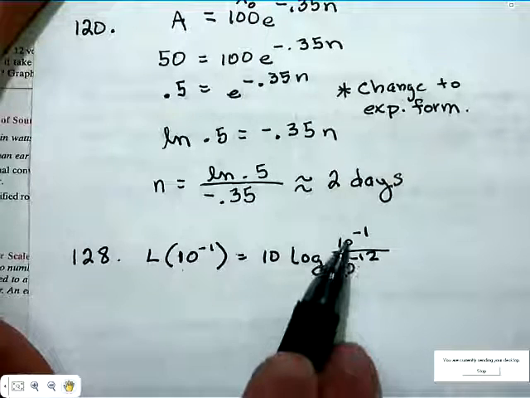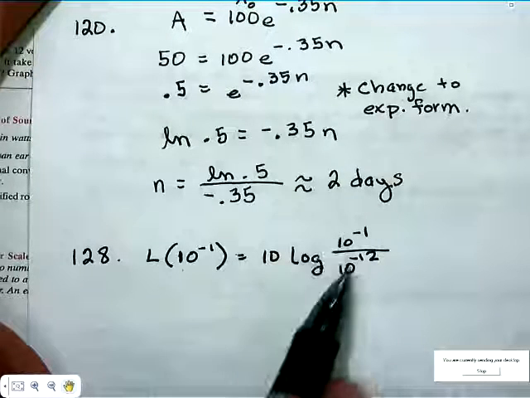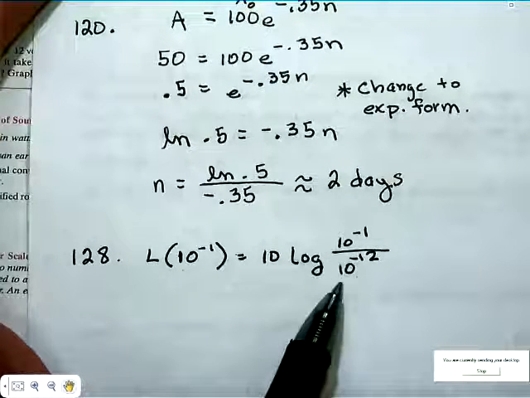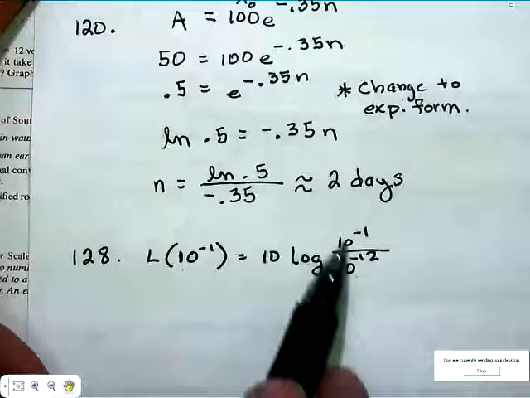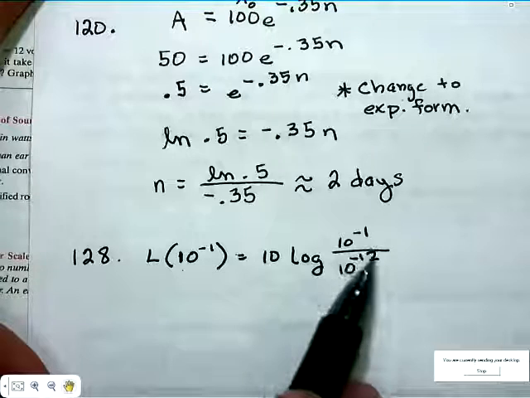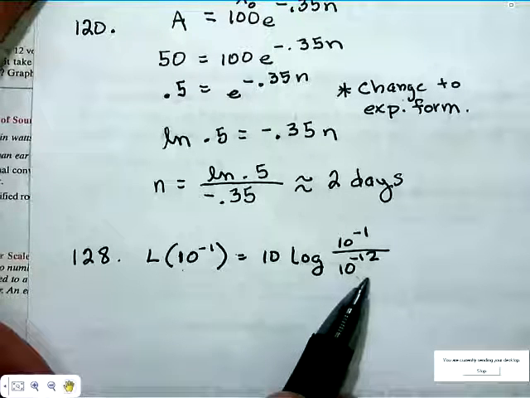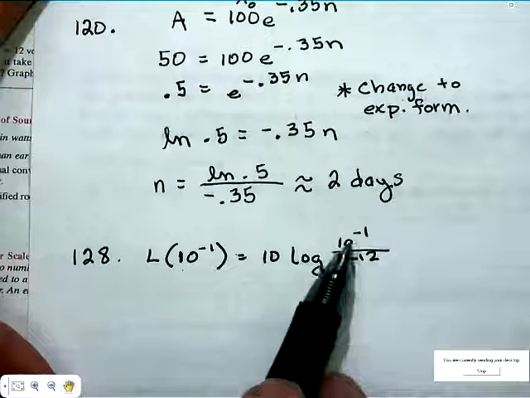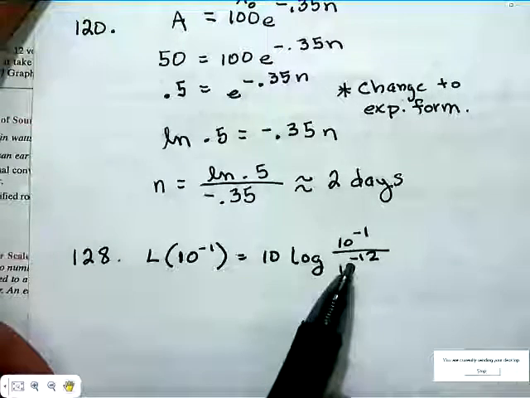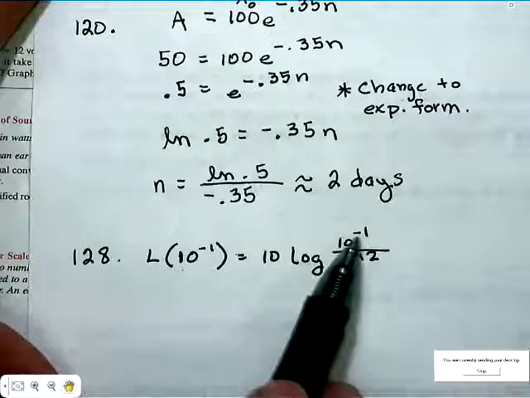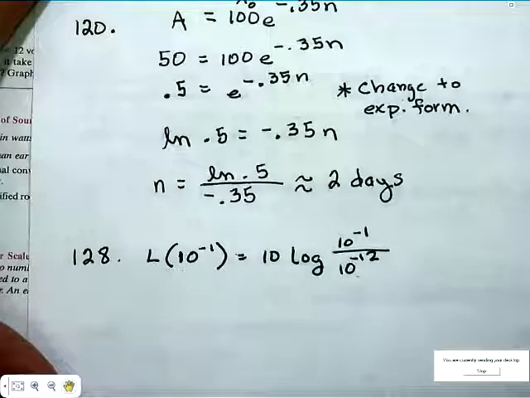You already know the quotient rule for dividing expressions with exponents. If you divide two expressions that have the same base, what can you just do with their exponents? Subtract. That's 10 to the negative 1 minus negative 12, or that's the same as negative 1 plus 12. What's negative 1 plus 12?